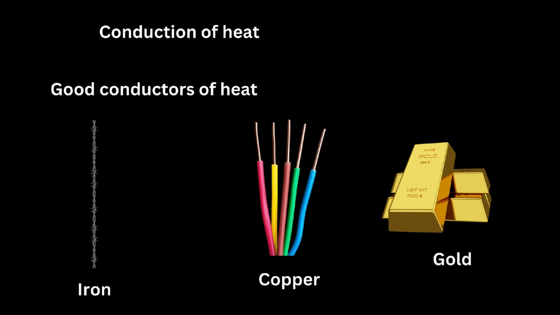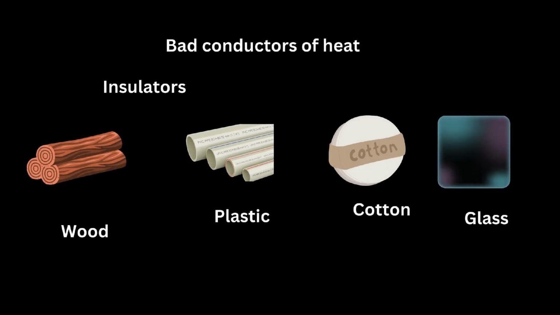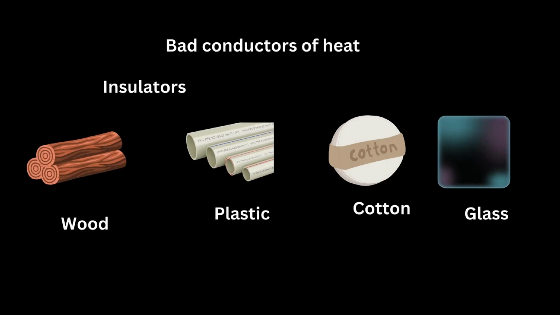Some materials do not allow heat to pass through them and are called bad conductors of heat. Examples are wood, plastic, cotton, glass, etc. Bad conductors of heat are also called insulators of heat.